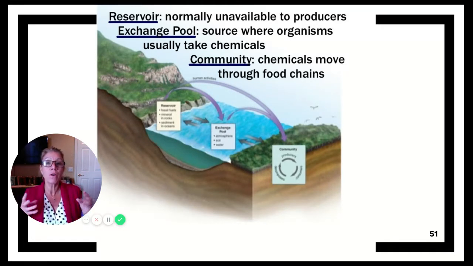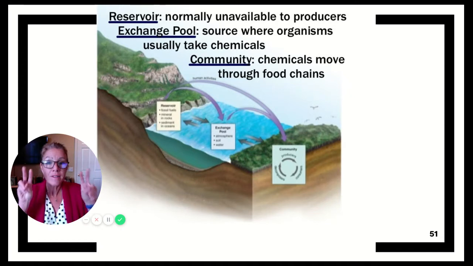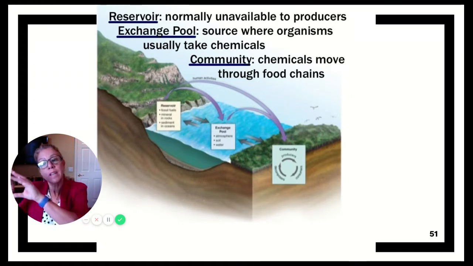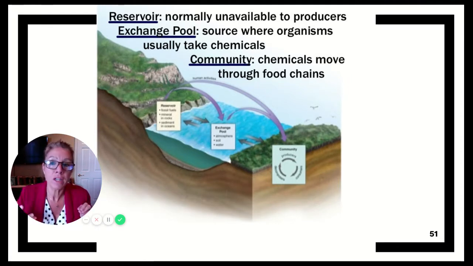And when you talk about where producers or autotrophs get those nutrients, that's called the exchange pool, okay? So autotrophs access carbon, phosphorus from the exchange pool, and then it can move through the rest of the biotic community.